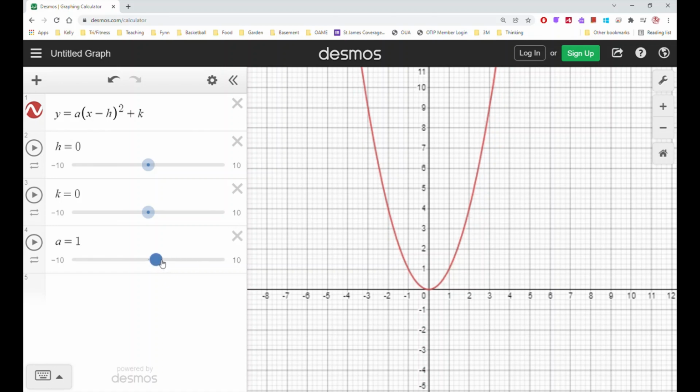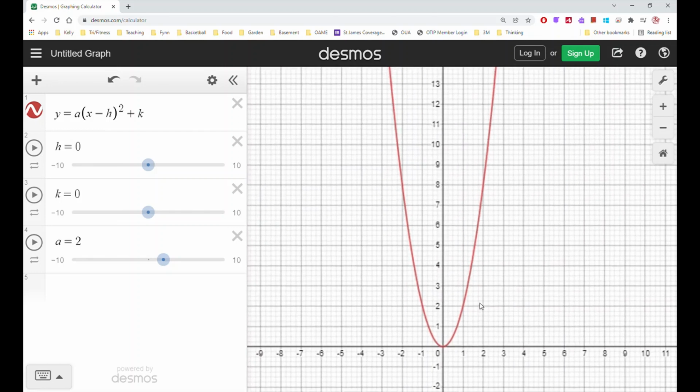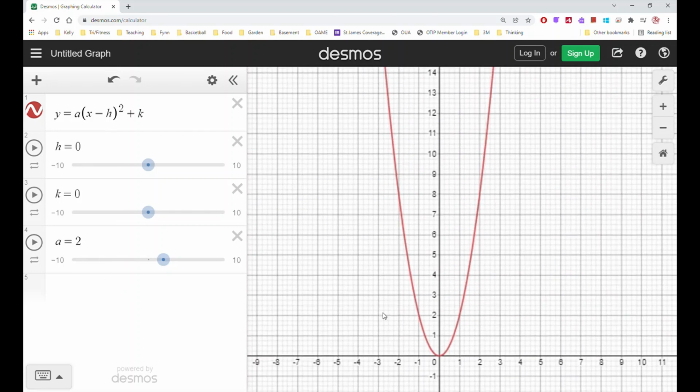Now, if we were to move this to 2, if you remember that step pattern we just talked about, 1, 3, 5, 7, 2 doubles that step pattern. So over 1, up 2 now. Then last was 3, so it's going to double, so it's going to be 6. 1, 2, 3, 4, 5, 6.